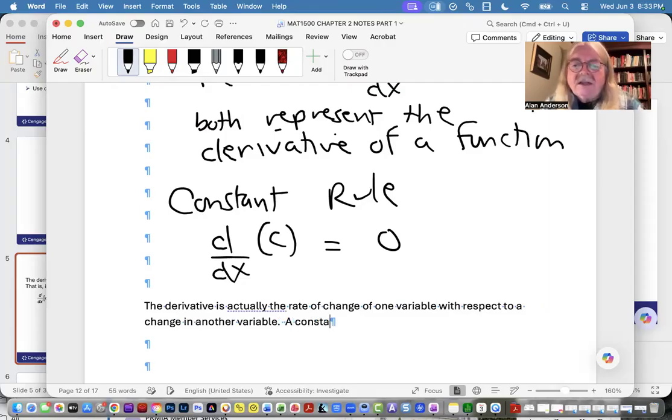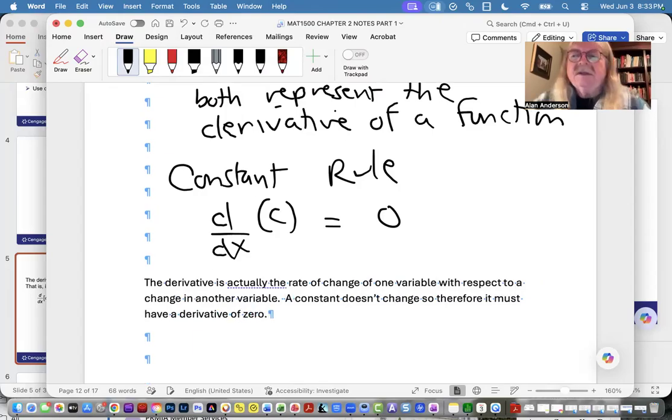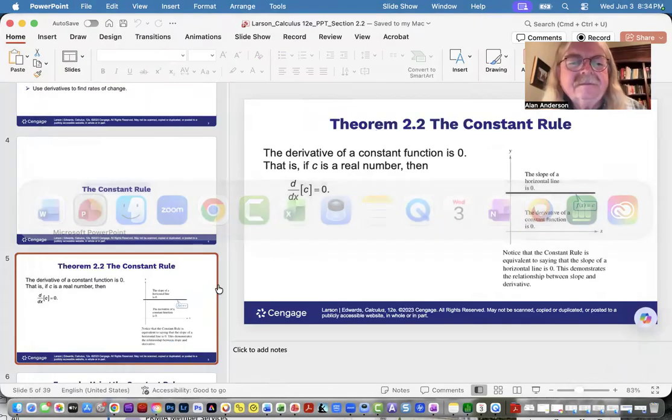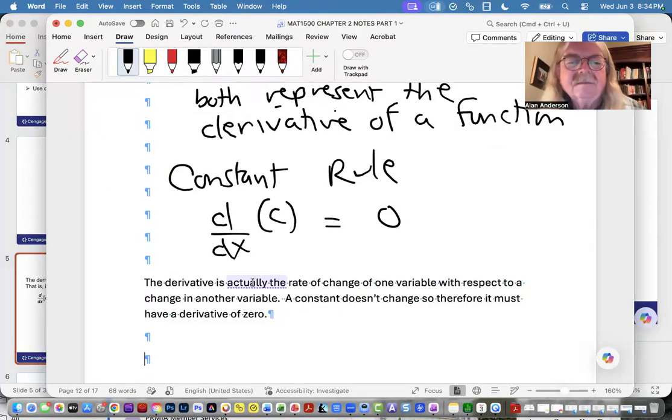A constant doesn't change. So therefore, it must have a derivative of 0. Okay, and that's all there is to it. So when you see a constant, just 0. Nice.